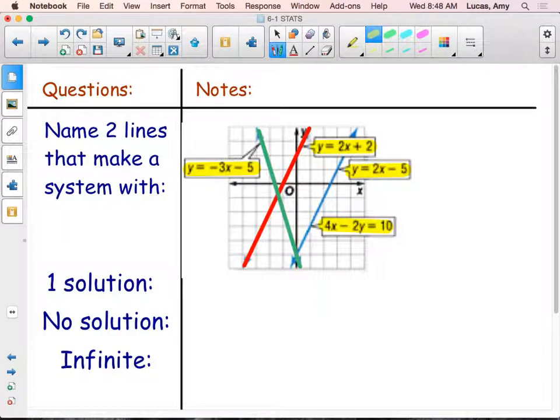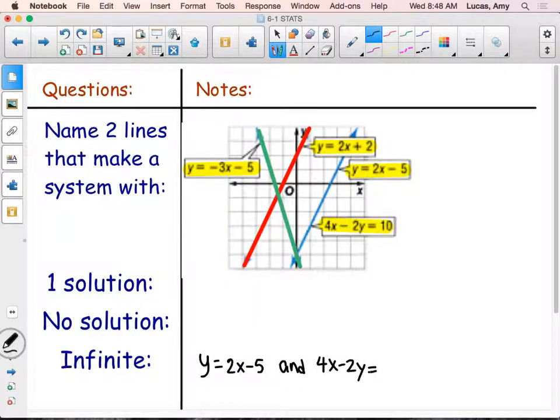So what that means is, when we're looking for how many solutions, we're looking for how many times they cross. For infinite, they have to be the exact same line, so it's going to be the blue because that one's got two different equations representing that same line.